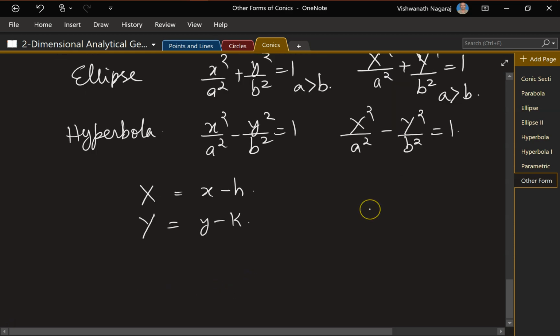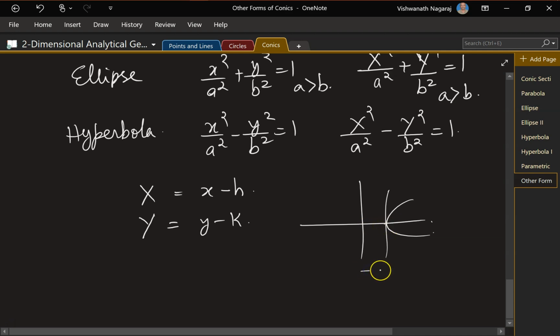So basically what are we doing? We are shifting the origin itself. So if the parabola is here, we are shifting the origin itself. In this case, we are just shifting the origin, which means we are shifting it in the x direction.